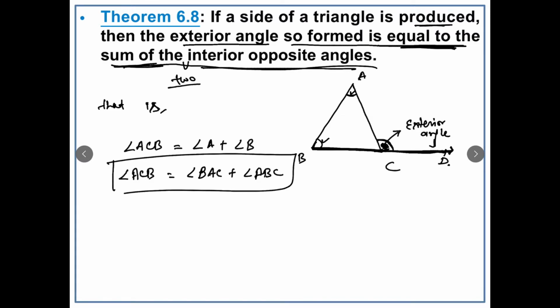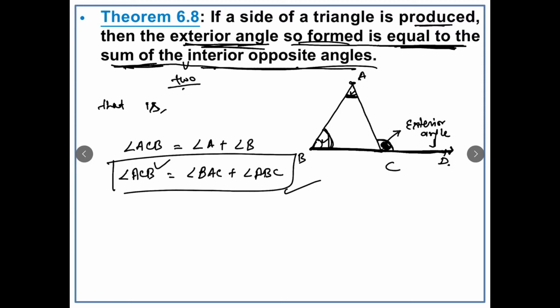That's what theorem 6.8 says, that if one side of a triangle is produced, then the exterior angle so formed is equal to the sum of the two interior opposite angles. That means the exterior angle, angle ACB here, will be equal to the sum of angle BAC plus angle ABC. That's what this theorem says.